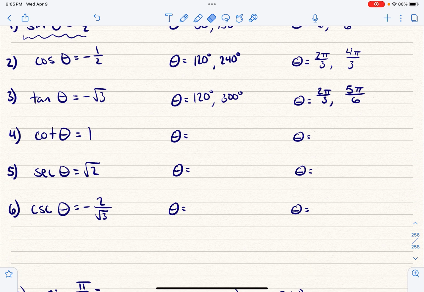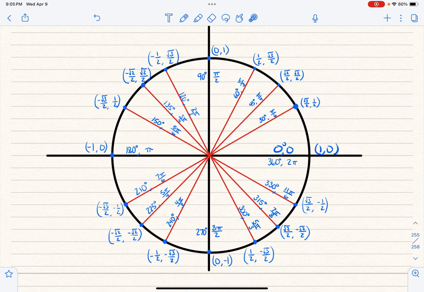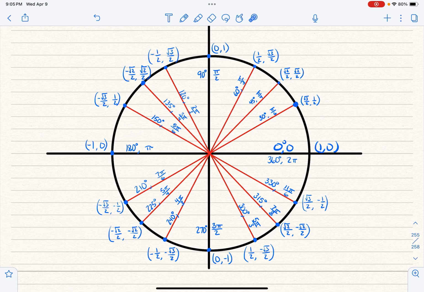This says cotangent theta is 1. Well, what is the reciprocal of 1? When you flip over 1, what do you get? 1. So I'm looking for a spot where the tangent is also 1. So where on the unit circle is my slope a nice, clean, positive 1? The answer is right here at 45 degrees, but also down here at 225.